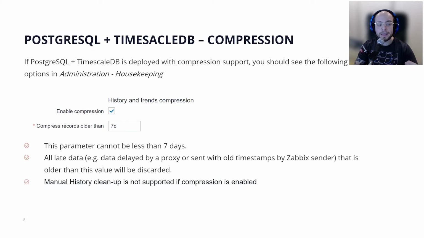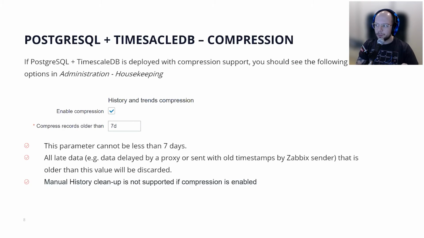All late data, for example data delayed by proxies or data sent with old timestamps by Zabbix sender that is older than these 7 days, will be discarded. It will not be written to the database. It will be discarded before it hits the database. I will give you an example of why that is in a moment.